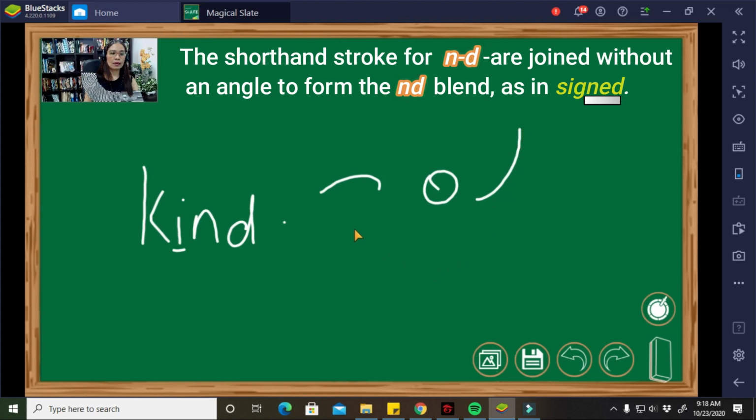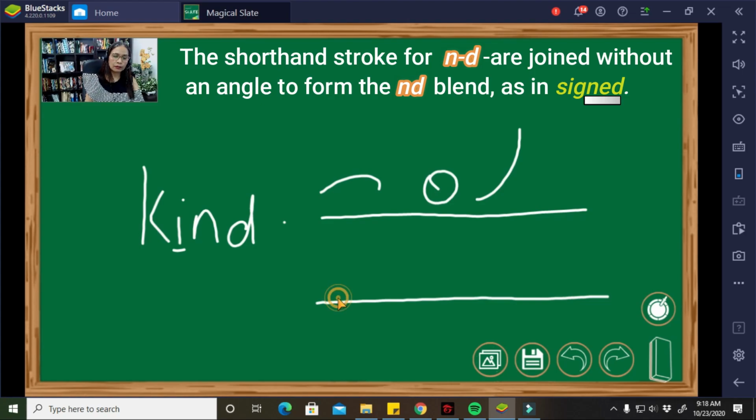Let's try to join that, and look how it is written. Join me in writing: a K and a broken circle, then the ND blend. So that is how we join the blending stroke ND.